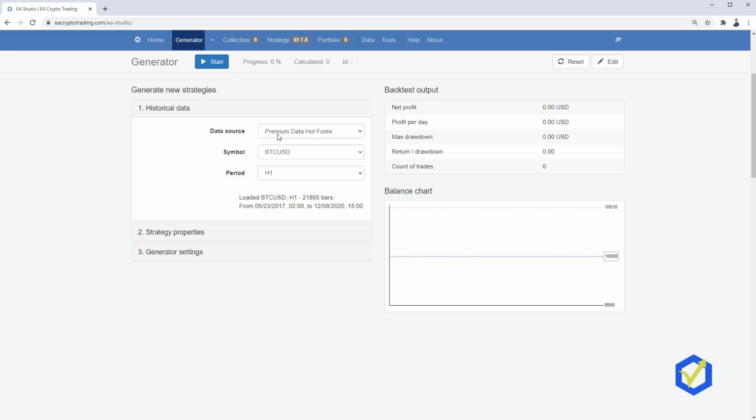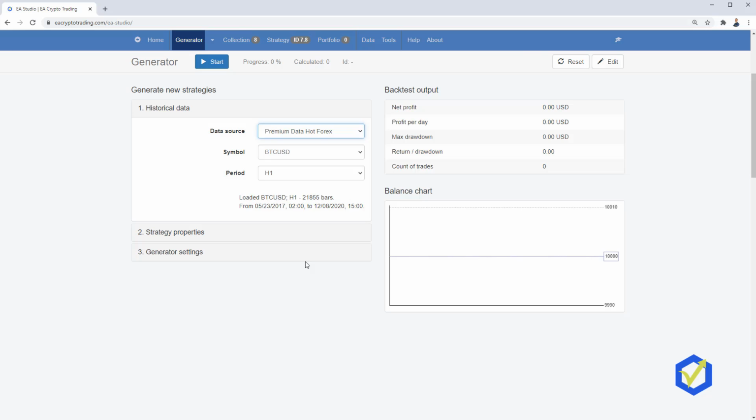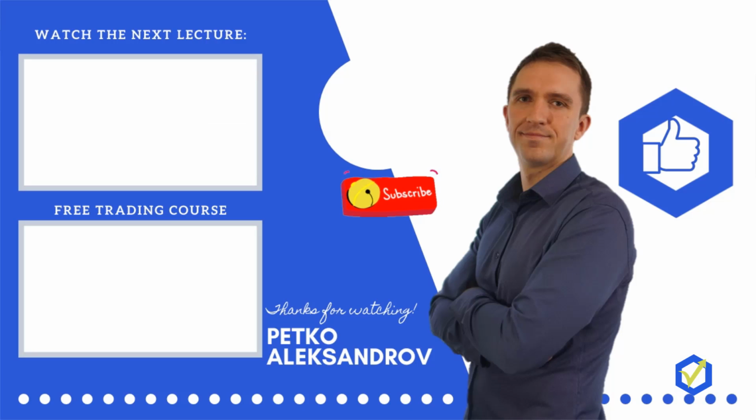And if you don't have historical data, if you don't know where to start, you can go straight away with the premium data, which is the same data that I'm using. All I did is change the spread and the swap to make it work for Hot Forex, the broker that I'm using at the moment for Bitcoin trading.